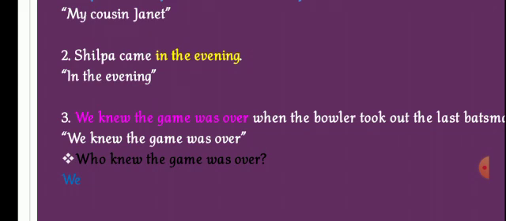If it's a phrase, there will be no subject. If it's not a phrase, there will be a subject. Who knew the game was over? First pick out the verb from that part: knew. You ask, who knew? The answer is we. So there is a subject and a verb also. It is not a phrase because there is a subject.